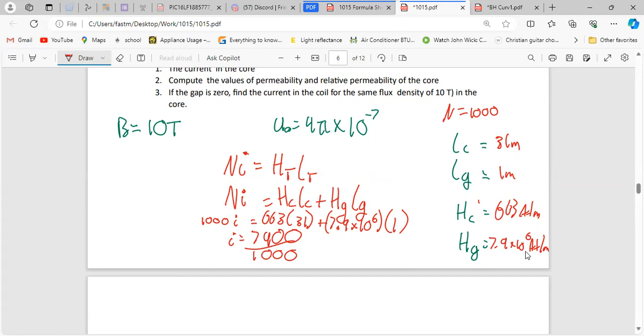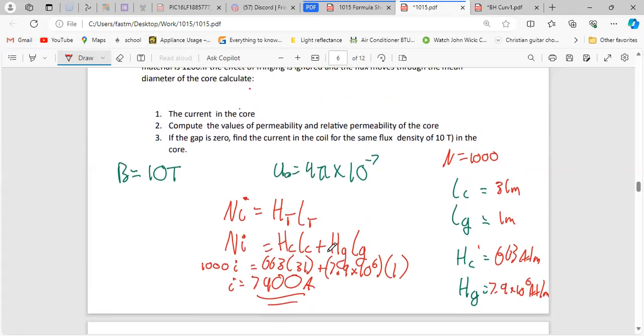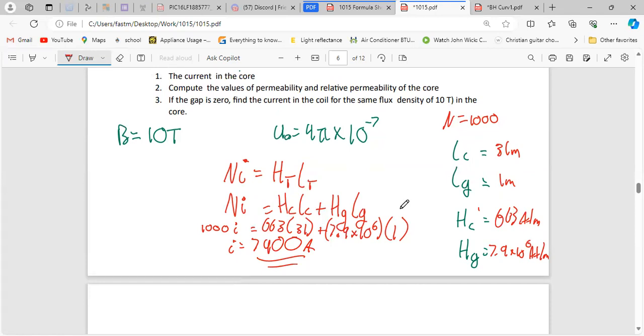That's a big current. Yeah, that's the answer, in amps. That's a huge current. But I made up this question, and I used meters. In normal operating conditions, your air gap is extremely small, because you can clearly see if your air gap is big, your MMF is going to be real high, and because your MMF is real high, you get a real high current.